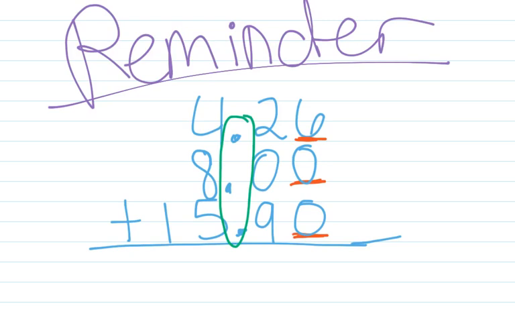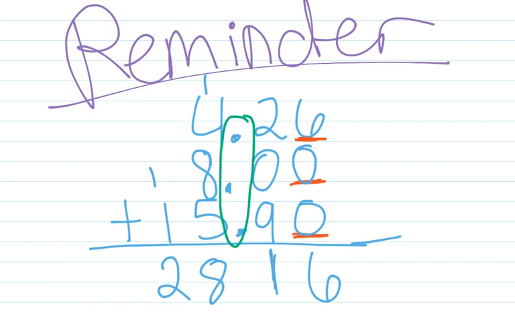Ready? 6 plus 0 plus 0 is 6. 9, 10, 11. We know that 8, 9, 10, 11, 12, 13, 14, 15, 16, 17. Plus 1 is 18. So I'm going to put 18. Carry the 1. 1 plus 1 is 2.